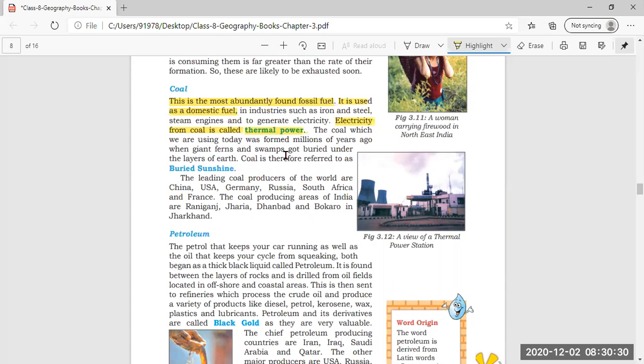Therefore we should take care of coal, because the formation of coal also takes a lot of time.